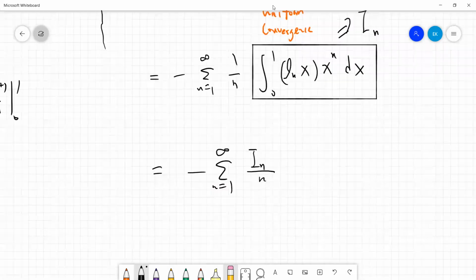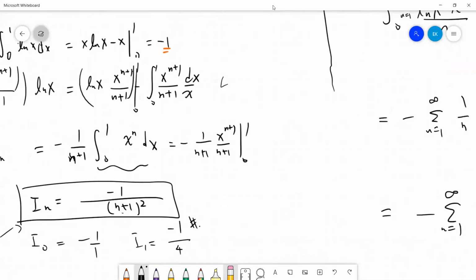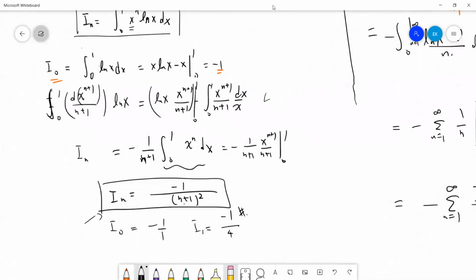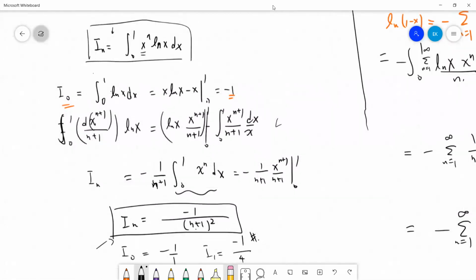In the previous video I already proved I_n, so let's quickly see. Define I_n to be the integral from 0 to 1 of x^n ln x dx. You can check I_0 is minus 1. To solve it directly, or basically do the recursion, you can write x^n dx as d(x^(n+1)) divided by n plus 1, times ln x, and then use integration by parts. The formula is the integral of u dv equals uv minus the integral of v du.